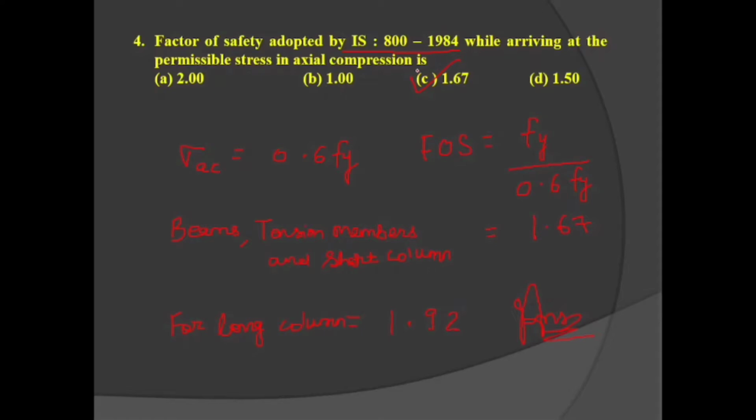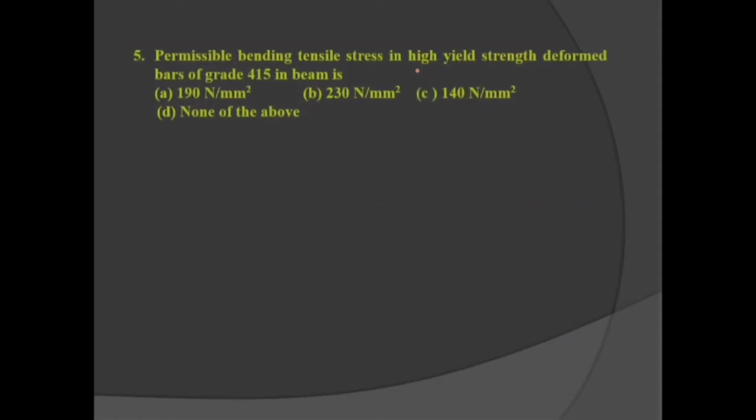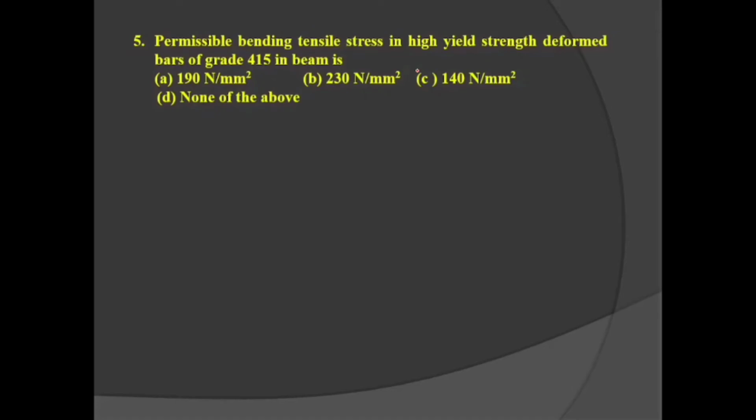Now let's discuss question number 5. The permissible bending tensile stress in high strength deformed bar. Actually, this is not a question of design of steel structures. This is an RCC question for Fe 415 grade, that is HYSD bars, high yield strength deformed bars, or cold twisted deformed bars, CTD bars.